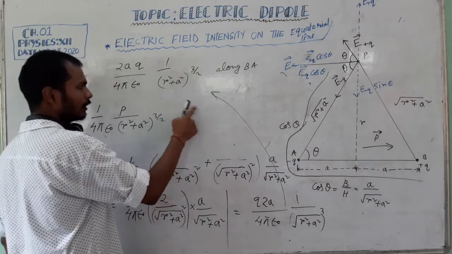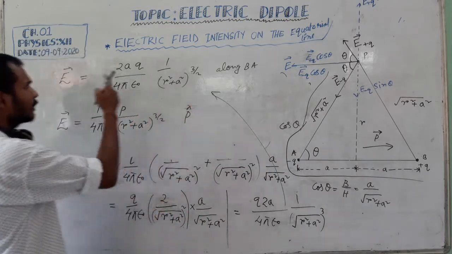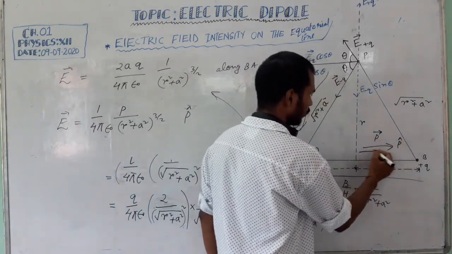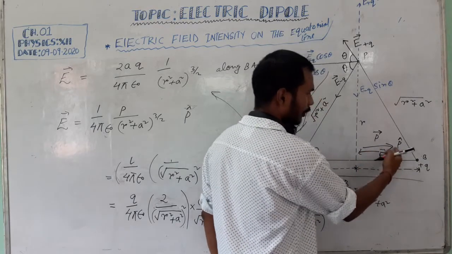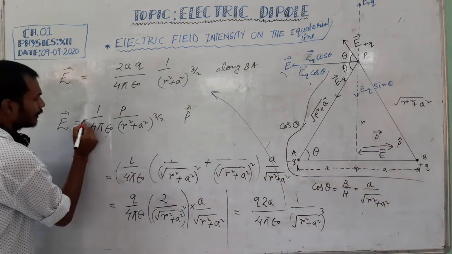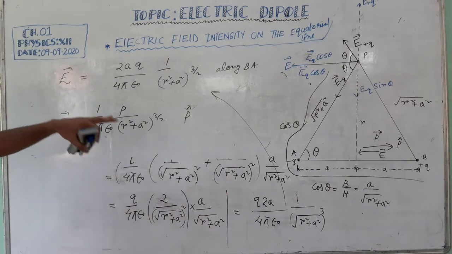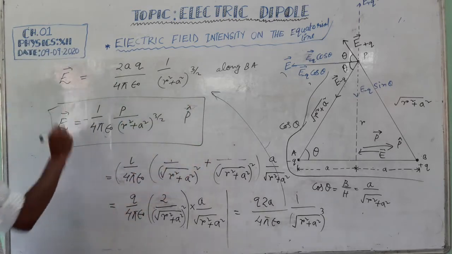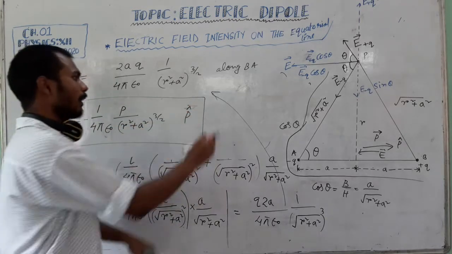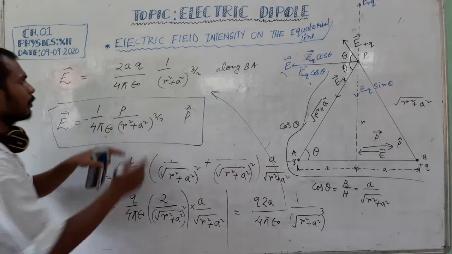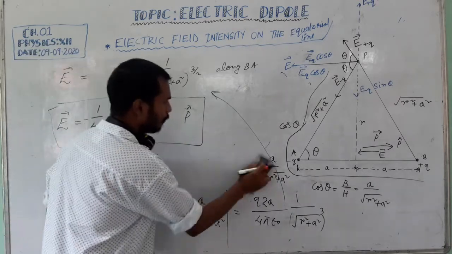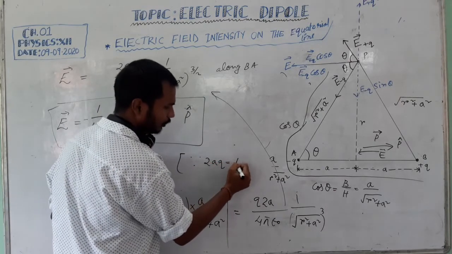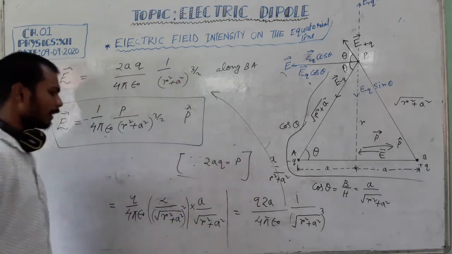But this electric field is opposite to this direction, so we write a minus sign here. This is the resultant electric field due to the dipole on the equatorial line, which is always opposite in direction to the dipole moment. And why are we writing p? Because twice a q is equal to the dipole moment. Getting my point?